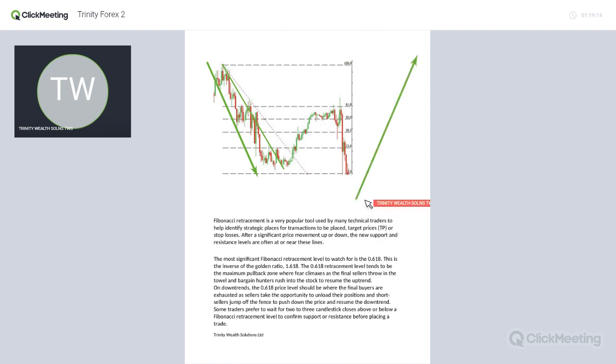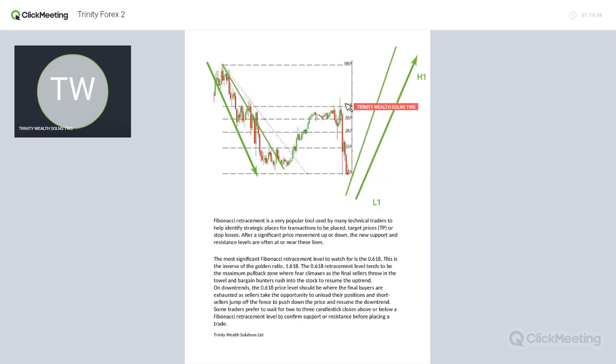If the market is uptrending, okay, the market is moving up, let's say this is your low, your L1, and this is your H1. If that's how the market looks, it's an uptrending market.